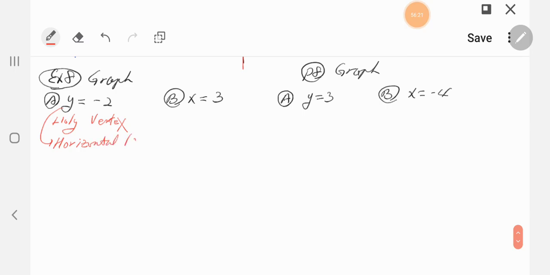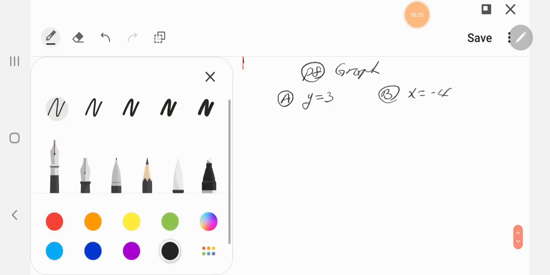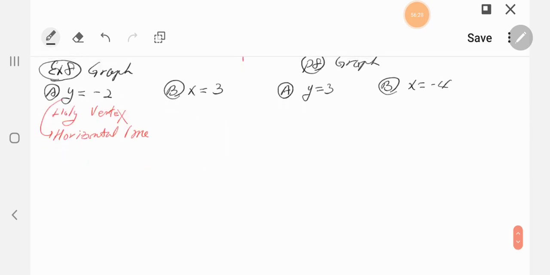The y value is always -2. So the graph is a horizontal line whose y value is always -2. This is part A.